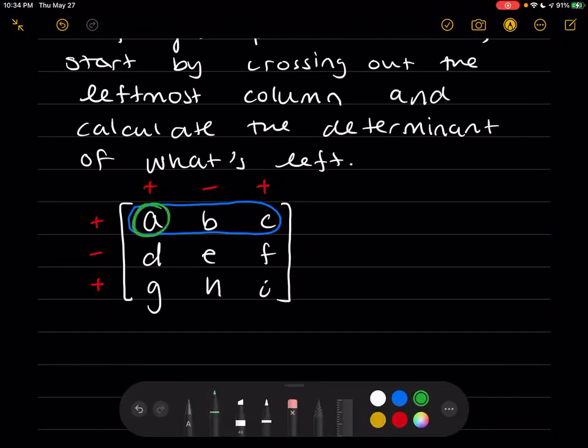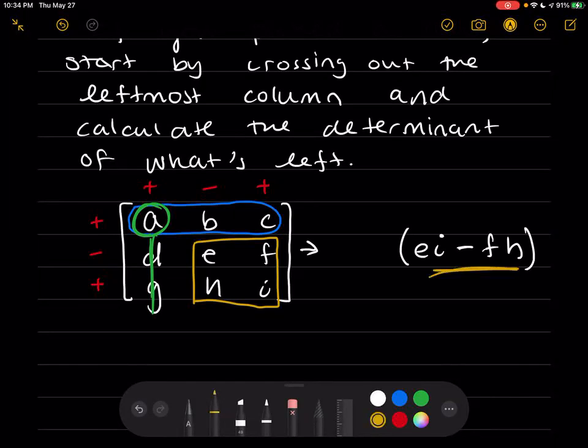We're crossing out this one, and we want to calculate the determinant of this in the yellow box. The determinant of that is going to be E times I minus F times H. And then we take that thing we calculated, the determinant of the thing in the yellow box, and we multiply it by A, because A is at the head of the column we crossed out.